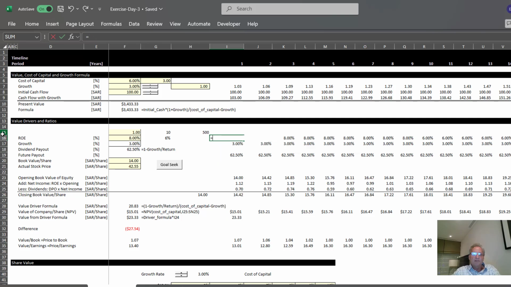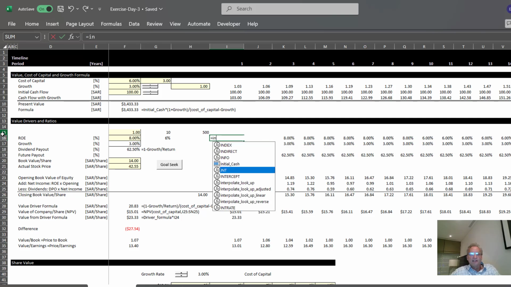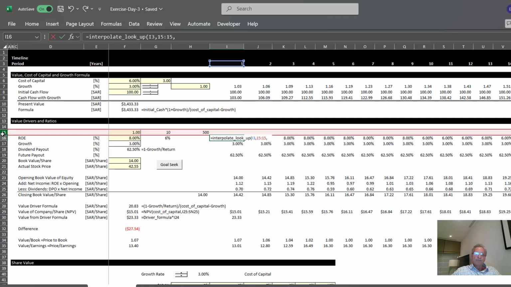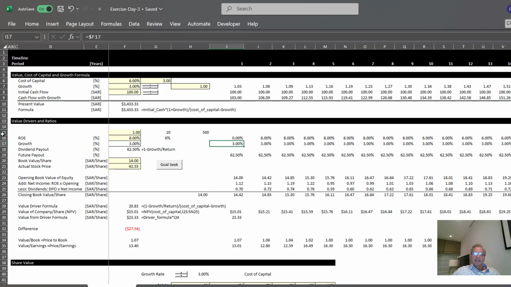And the only way to get that interpolate lookup is you take this one and you do exactly the same thing you would in a lookup here. And I just programmed a little interpolation. I hope that works. And maybe it didn't work because of the way I did it here. Yes, it did work. It went from 8% and it gradually goes down to 6%.